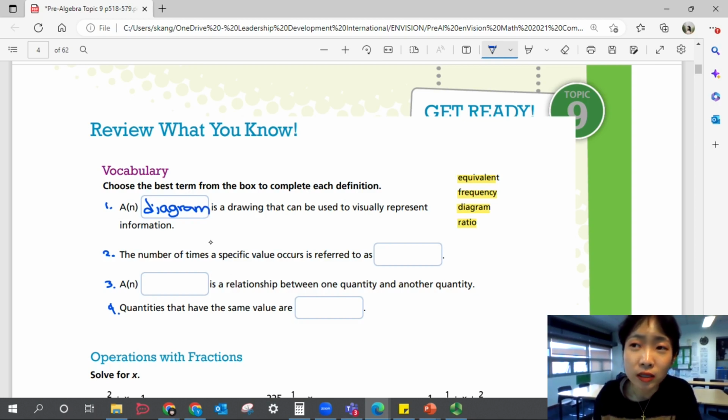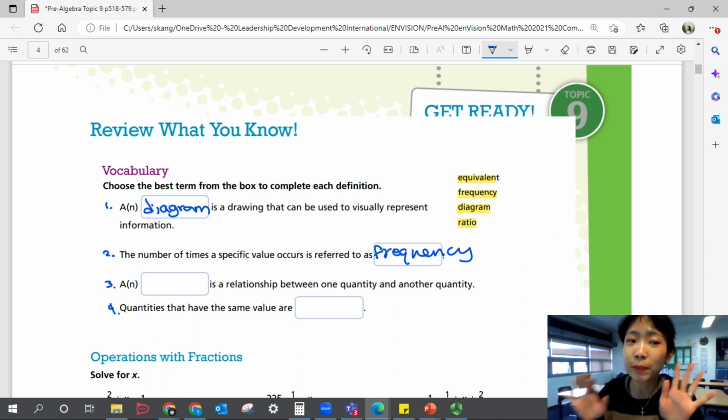Okay, number 2, the number of times a specific value occurs is referred to as. So the more times you see the same number, you say it appears frequently. So that's going to talk about frequency. Okay, and then a or an blank is a relationship between one quantity and another quantity.